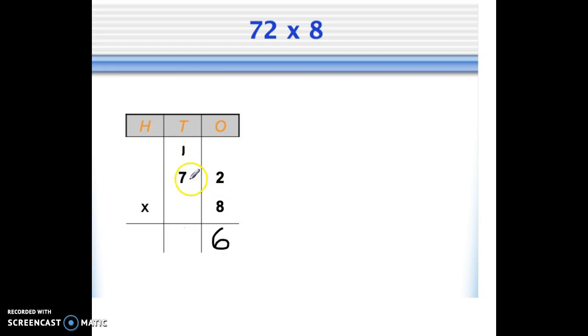Now I'm going to do 7 times 8, which is 56, plus 1, which is 57. So the correct answer is 576. When you're working on your homework and remembering today, I want you to use this method so you get some practice using it as well. You can always check with the area method if you choose to do so.